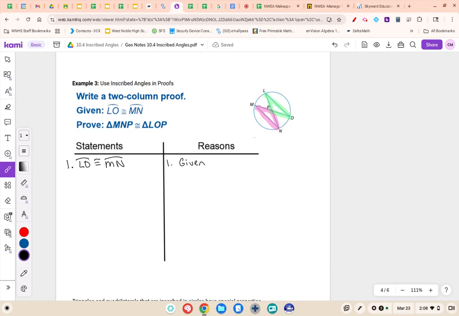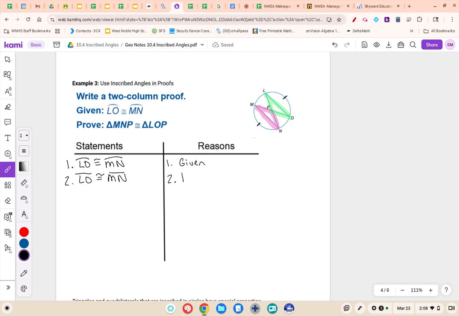So I can mark what I know. I know arc LO is congruent to arc MN. That guarantees me, we learned this recently, that these chords with those endpoints are also congruent.